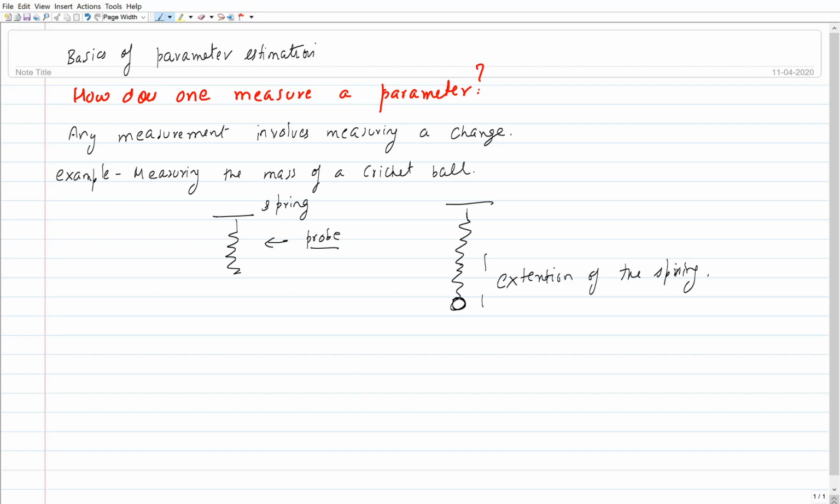And this is the way, after measuring the extension of the spring from its initial position.